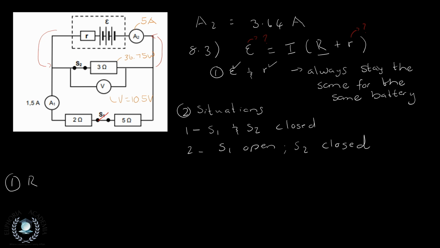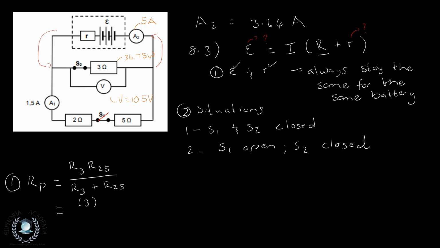The resistance across the parallel circuit will be the resistance of the 3 ohm resistor multiplied by the resistance of the 2 and 5 ohm resistors, over the sum of the third resistor as well as the 2 and 5 resistors.